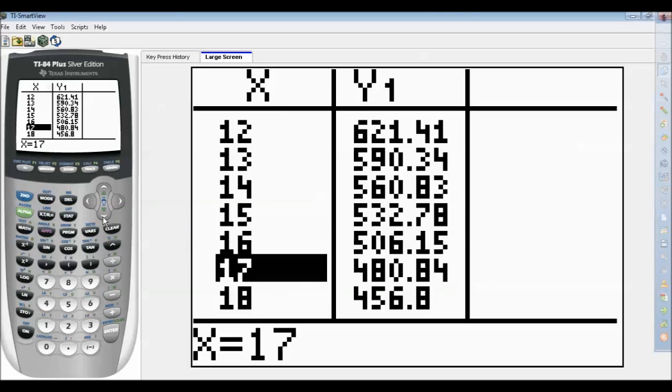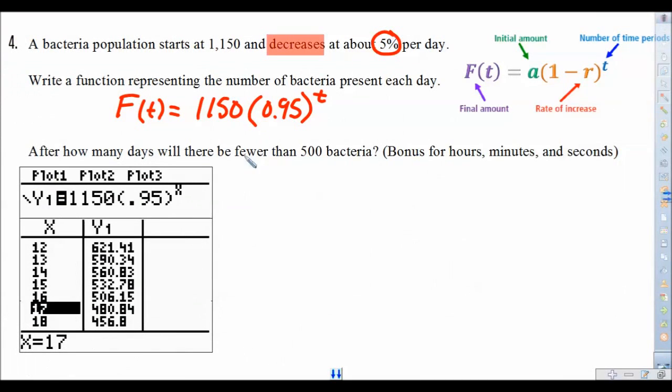Boom, there it was right there, 17 days. Alright, so after 17 days, that's when we will get fewer than 500 bacteria.